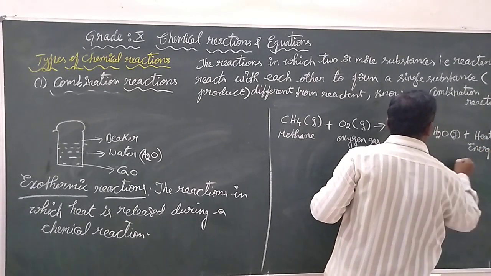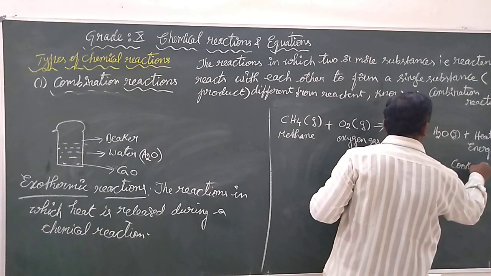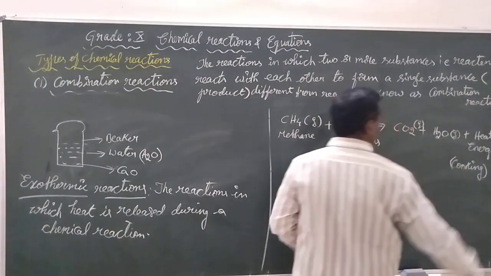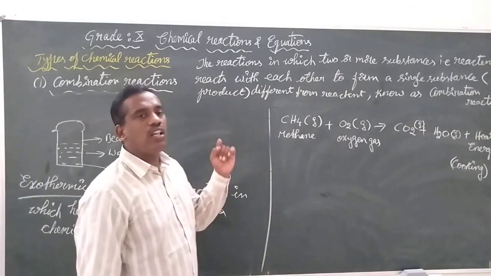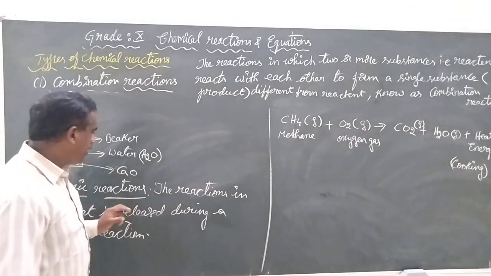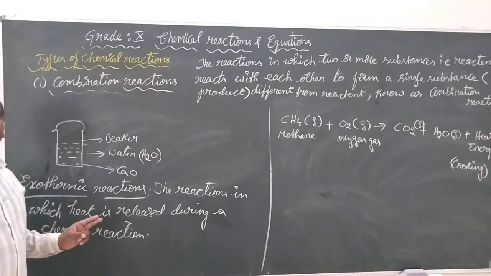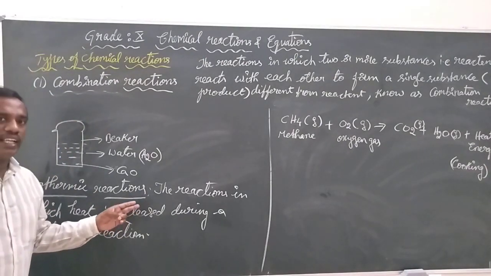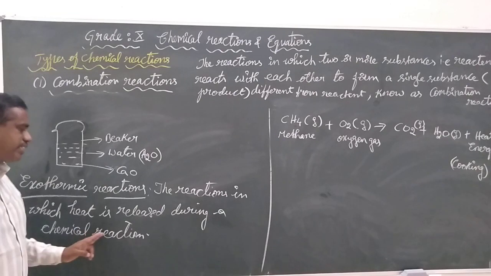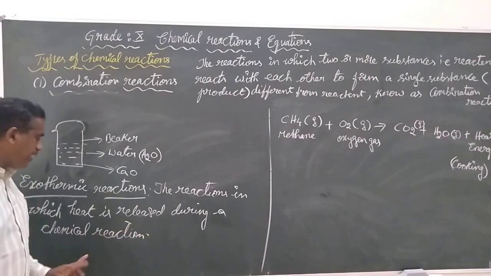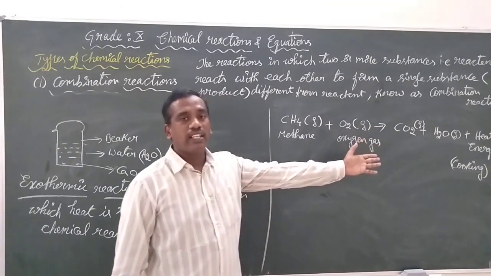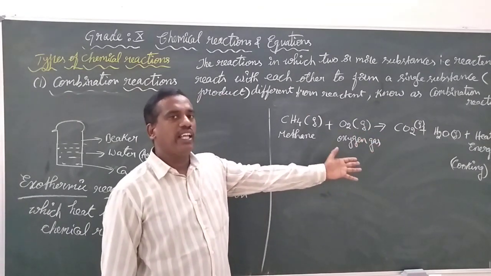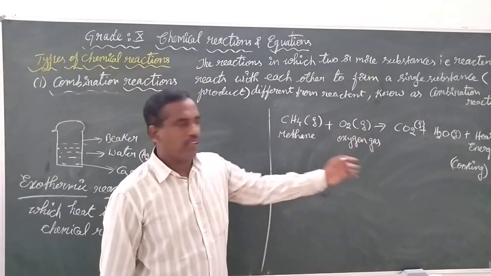That heat energy we use for cooking. So, shall we call this also an exothermic reaction? Because what is an exothermic reaction? The reactions in which heat is released during a chemical reaction. In this reaction also heat energy is released. That is why cooking is an exothermic reaction.